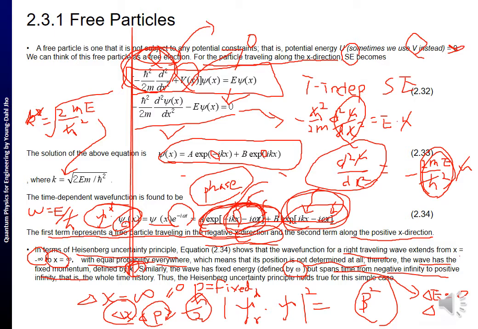And on the time scale, it spans from negative infinity to positive infinity, so delta t becomes infinity. Thus, the Heisenberg uncertainty principle holds true for this simple case.